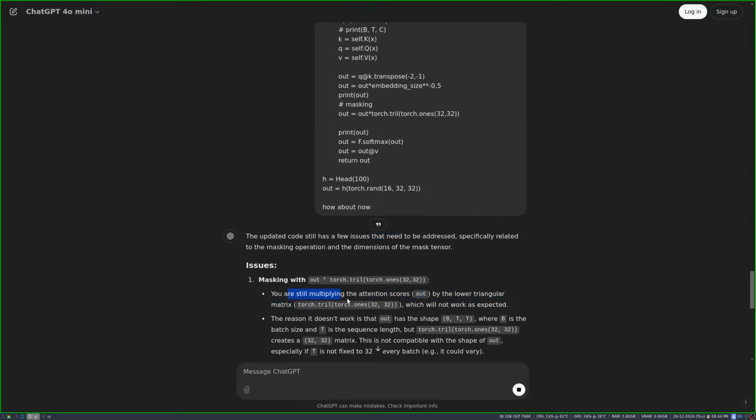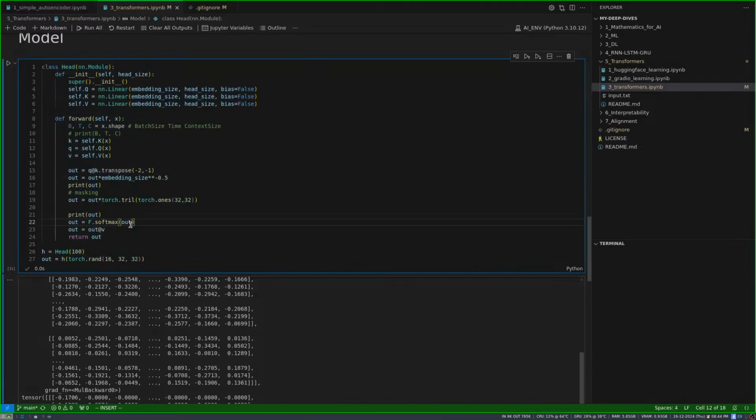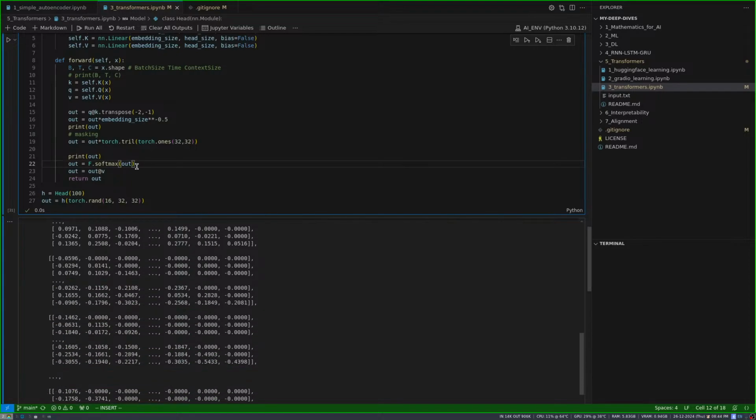You are still multiplying the attention score by the lower triangular matrix, which will not work as expected. The reason it doesn't work, the out has the shape B T T where we okay. Is the shape been changed? No, right? It shouldn't be. Then this wouldn't work.